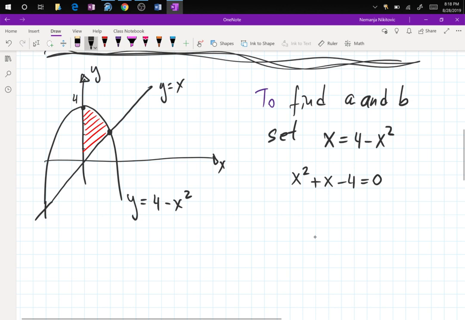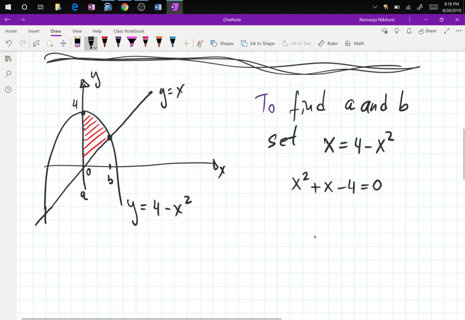So this is where my a is, and my b is here. So my integral is 0 to something, the way I shaded. I could have shaded just the other side, and it will be a to 0, or shade everything, a to b. So it depends what you want. So we're going to calculate a and b, but we are only going to use b, because a is 0, the way I shaded.